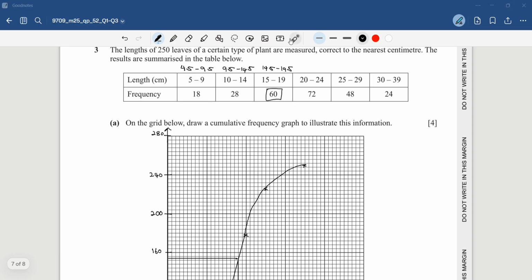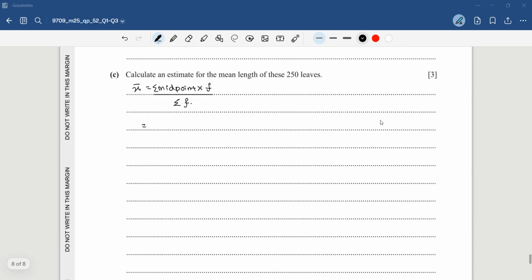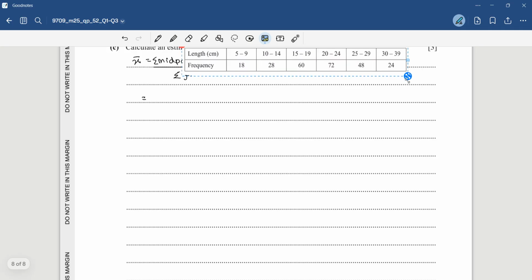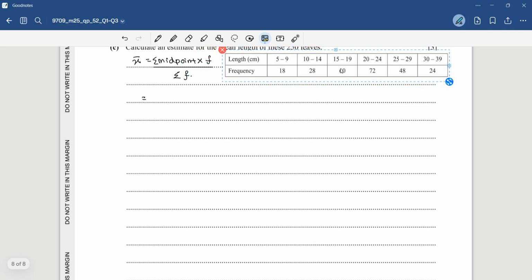I just copy and paste here, so it's easy for my calculation. I don't need to refer every time.